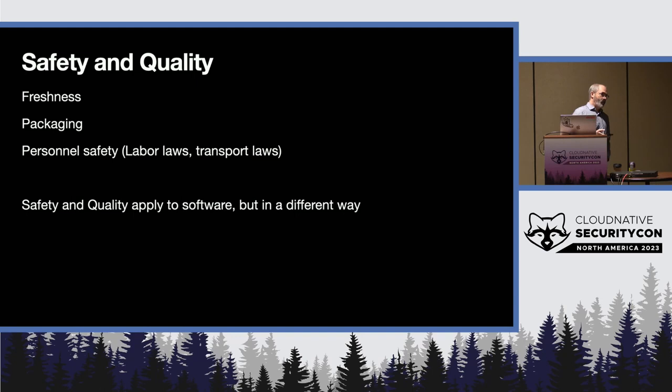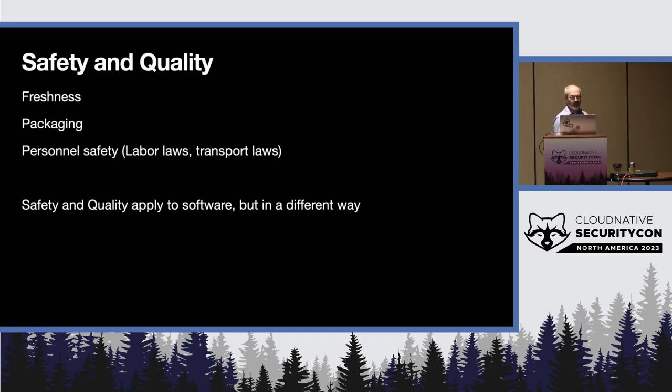Let's talk about safety and quality. In many other industries, safety and quality is about freshness of the product, whether it was stored properly and how outside factors might have affected it: rotten food, stale food, those kinds of things. Degradation due to exposure to light or moisture.